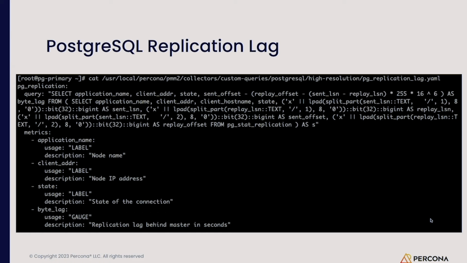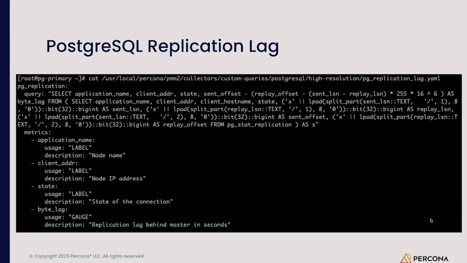This is a query we were already using for our own troubleshooting when a customer comes with questions on our replication setup. So this will get you the byte lag.